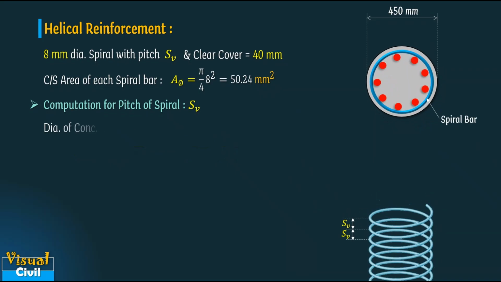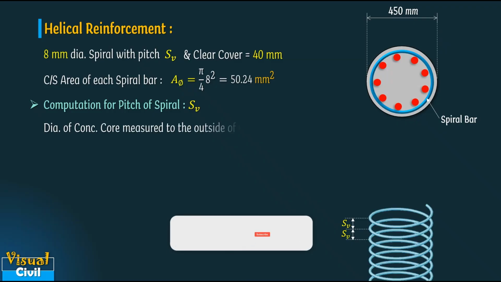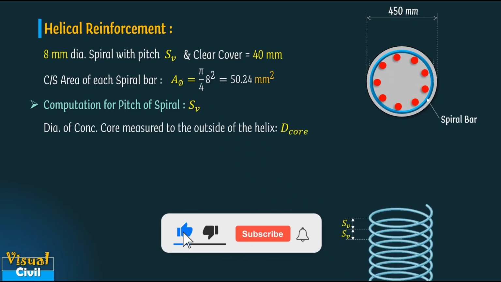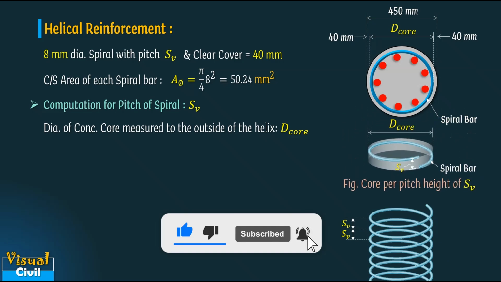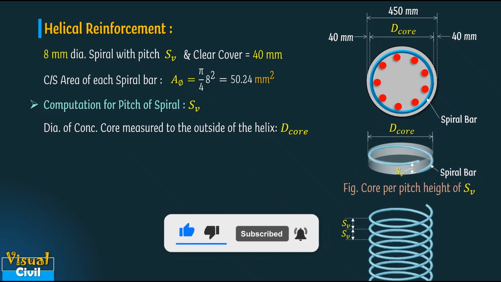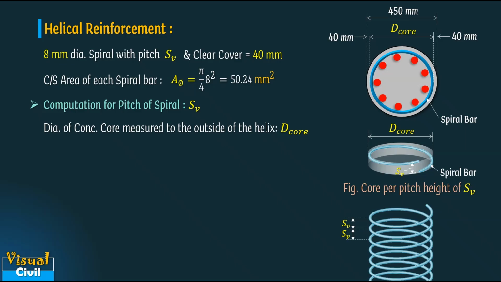We begin with the diameter of the concrete core, measured to the outside of the helix. This is obtained by deducting the clear cover from both sides of the column diameter. After calculation, we get a core diameter of 370 mm. Using this diameter, we now calculate the area of the concrete core.